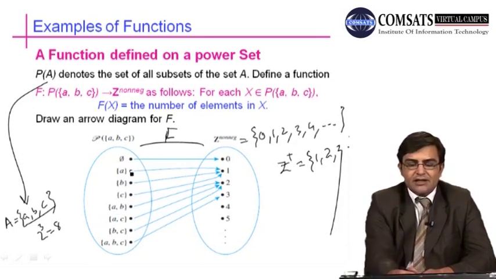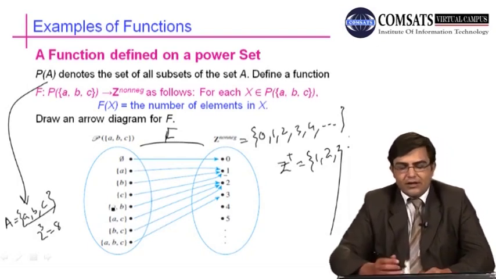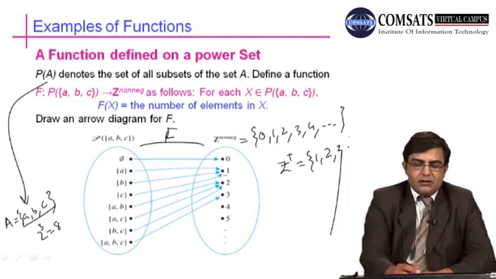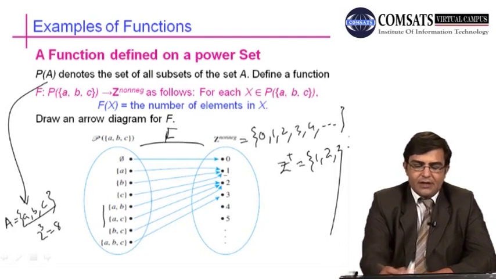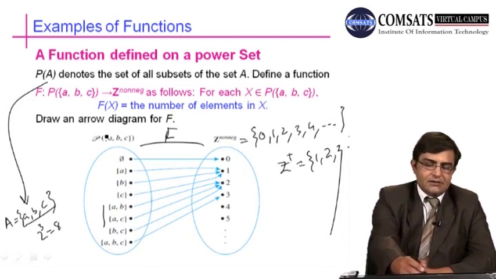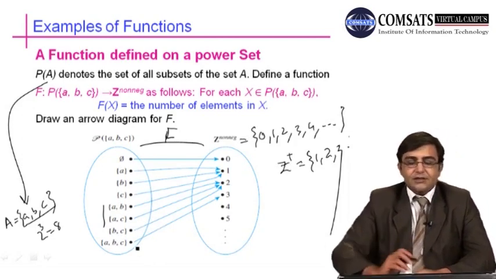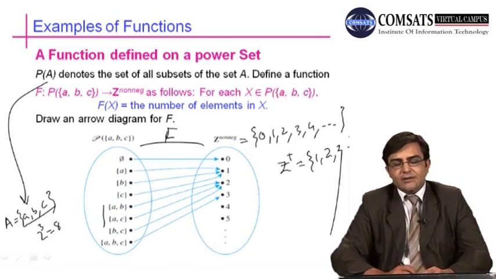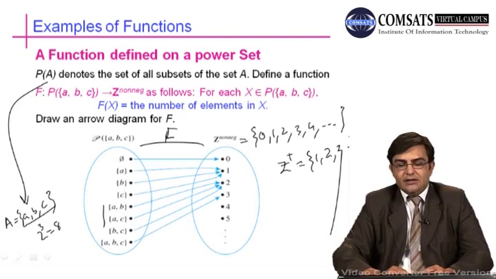The second set contains 1 element, so it maps onto 1, the third onto 1, the fourth onto 1, because these sets contain 1 element. These three sets are mapped onto 2, because these sets contain 2 elements, and the last element of this power set is mapped onto 3, because it contains 3 elements. Such a type of function we can define on the power set of any set.